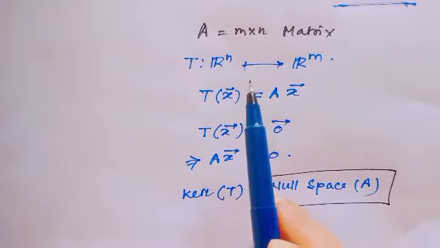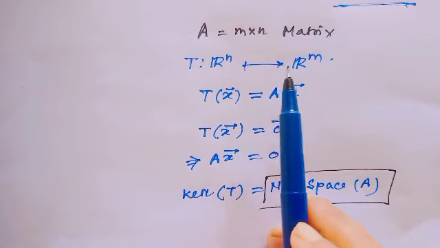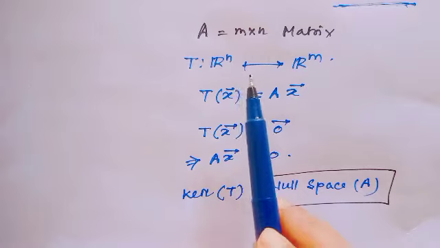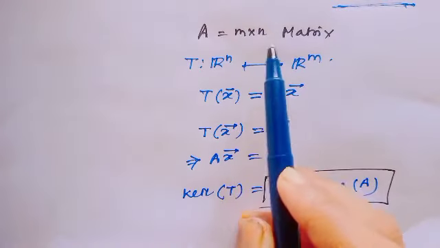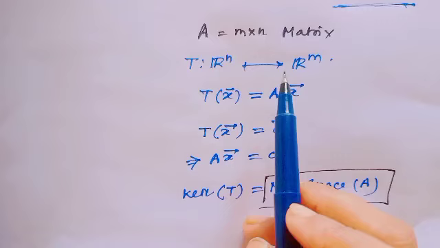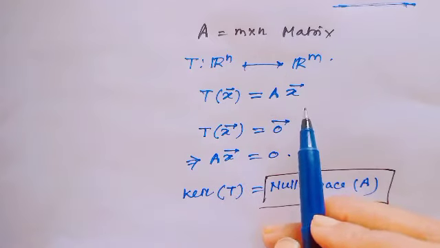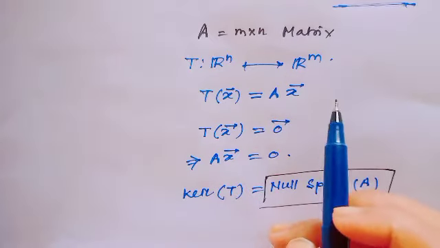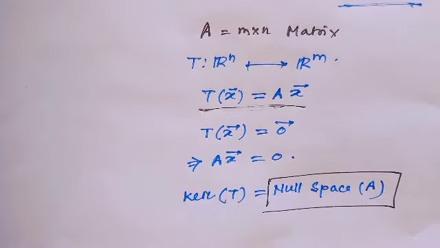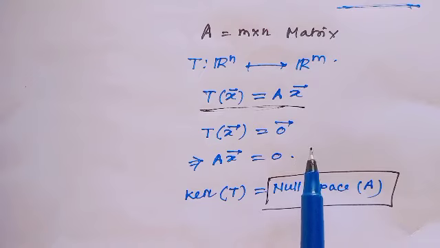Now let's see an interesting thing. Consider A, an m cross n matrix, and consider a linear transformation from Rn to Rm such that T of x equals Ax. Then what would be the kernel of this transformation? To find the kernel, we have to find T of x equal to the zero vector.